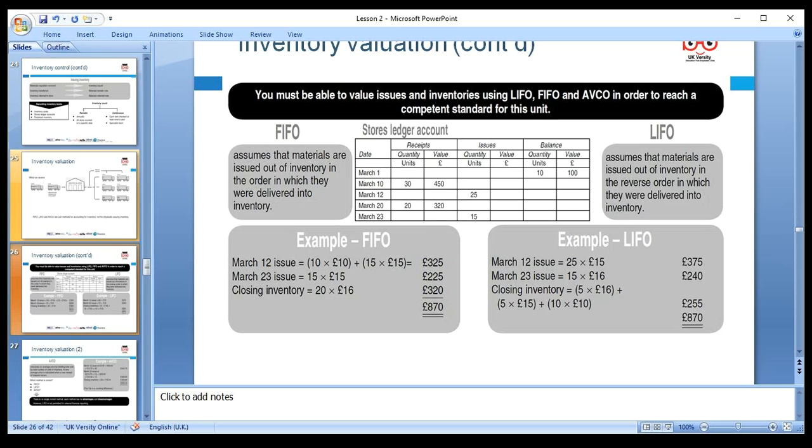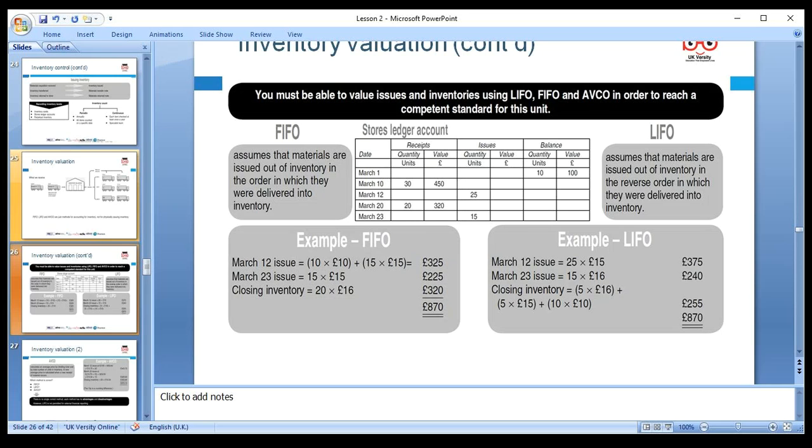Then on March 23rd we issued 15 units, but we got that second box, 15 units were there, so we issued 15 from there. We issued inventory of 25 and 15, which is 40 units. So in total we have 50 plus 10, total 60 units.